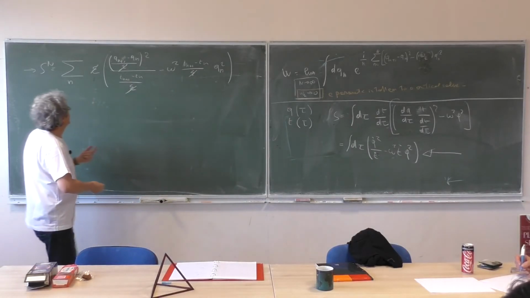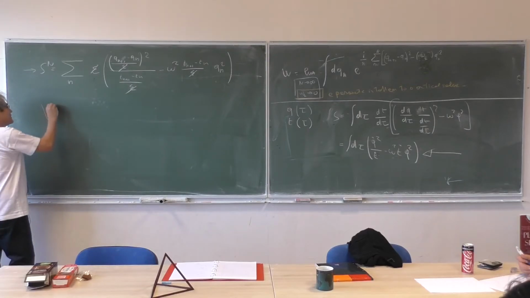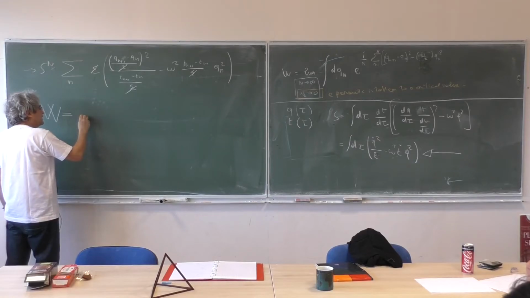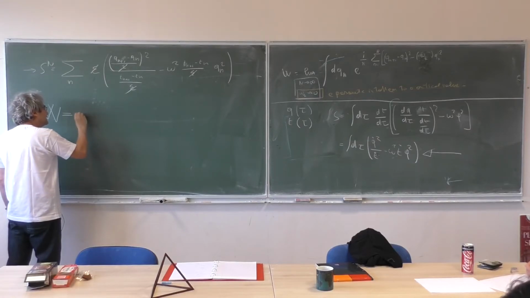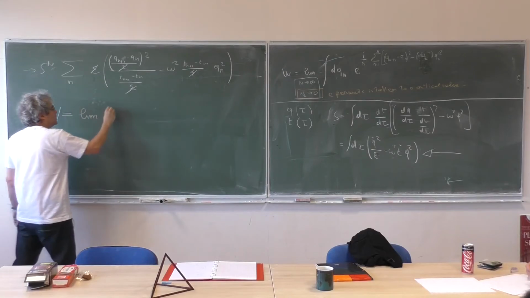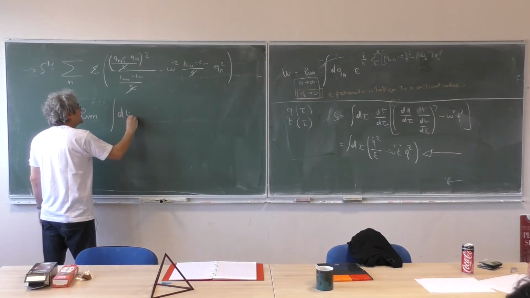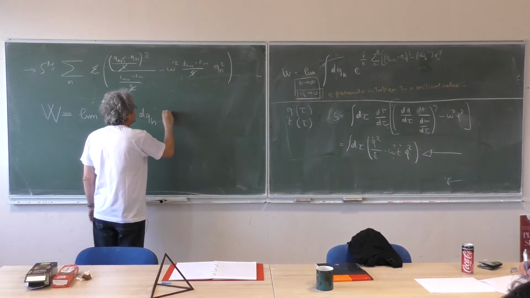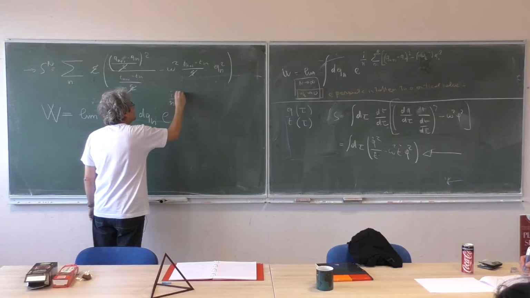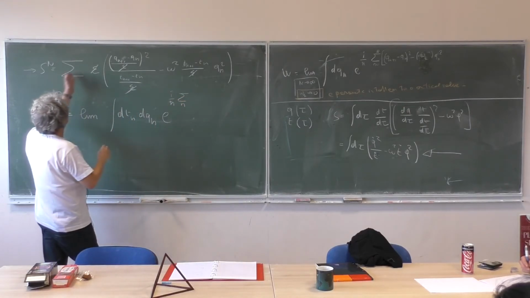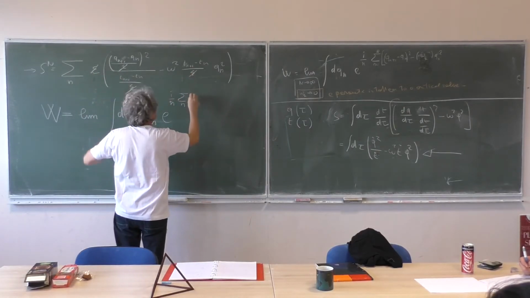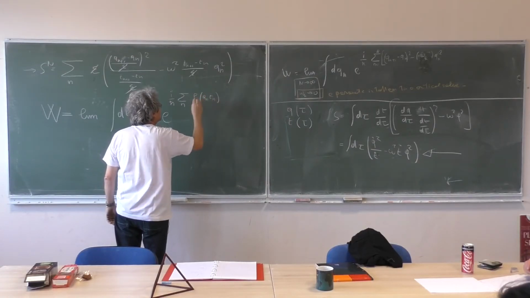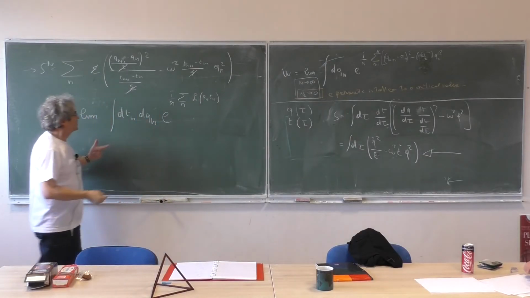Right? So let's do it precisely. The same amplitude as before can be written as a limit of the multiple integral in d t n, d q n, of the exponential of i over h bar, a sum over n, of a certain Lagrangian, which is this one, which just depends on all the q n and all the t n, where there is no epsilon, nothing else.